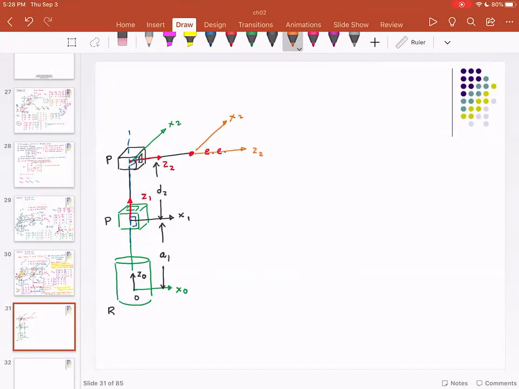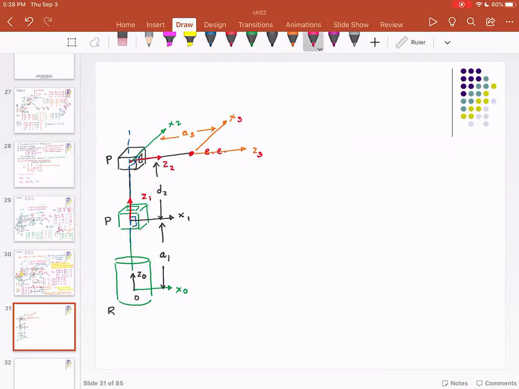And this distance is going to be A3. This is X3 and Z3.